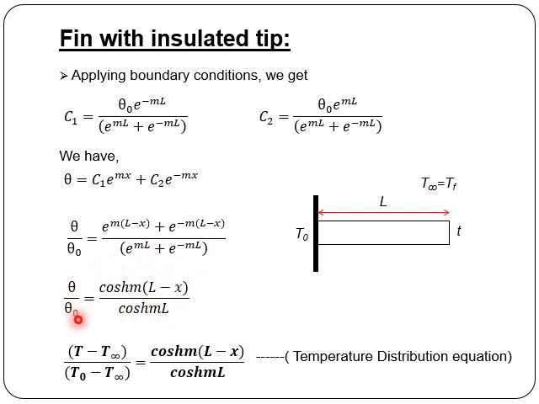So θ/θ0 comes out to be cosh of m(L-x) divided by cosh of ml.